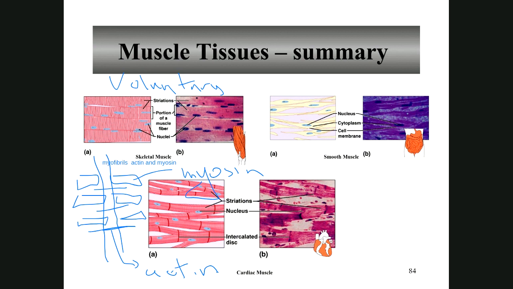That's the key, and it has intercalated discs, so it allows this cell to talk to this cell. The nucleus tends to be more central as opposed to on the side. Smooth muscle is kind of flat like this, and sometimes the cells can work together as one unit, or they can work by themselves, as multi-unit smooth muscle.